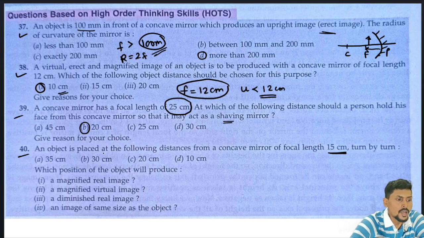We will place the object at all these distances one by one, turn by turn, from the concave mirror. We have to find which position of the object will produce a magnified real image, a magnified virtual image, a diminished real image, and an image of the same size as the object.